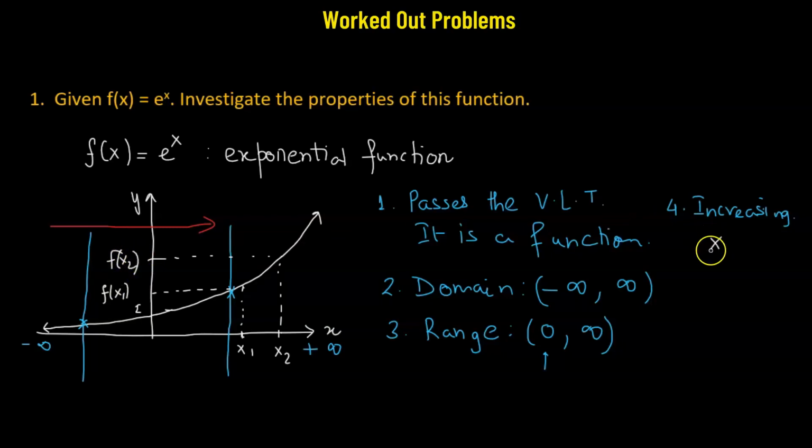The condition is that if x2 is greater than x1, and we get that f of x2 is also greater than f of x1, then our function is increasing. So this is what we have to check.